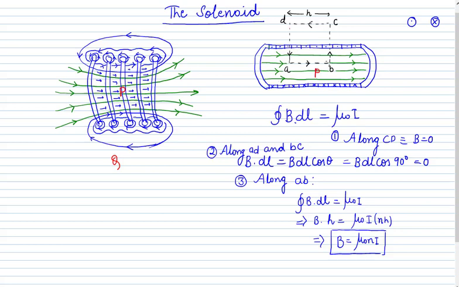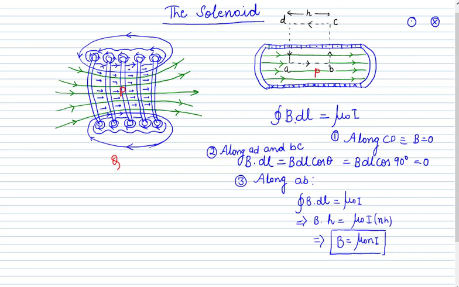If we take these two vertical components, AD and BC, you see the direction of the magnetic field lines, and you can also use the right hand rule here. The angle between B and dl is 90 degrees, and cos 90 gives us 0. So for CD it is 0, and similarly AD and BC are 0.